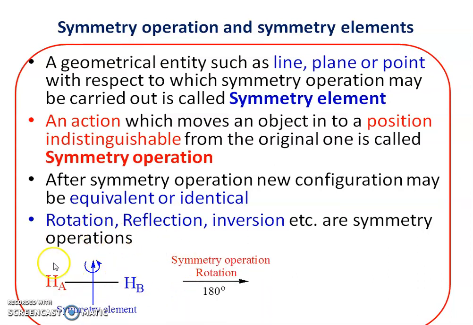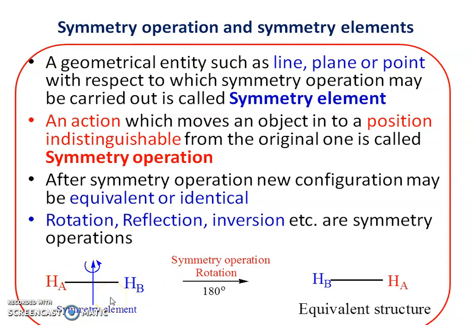So that rotation is a symmetry operation, and when we rotate the molecule through 180 degrees, the resulting molecule will look like this: HB will come to the left side and HA will go to the right side. This is an equivalent structure and not identical. Identical means HB must be to the right side and HA must be to the left side.